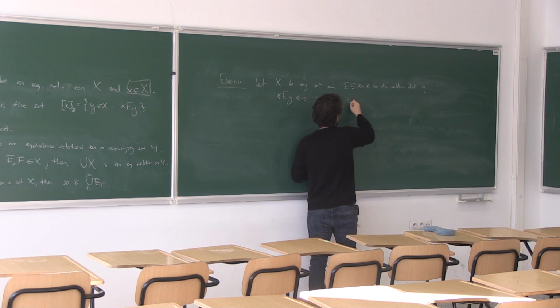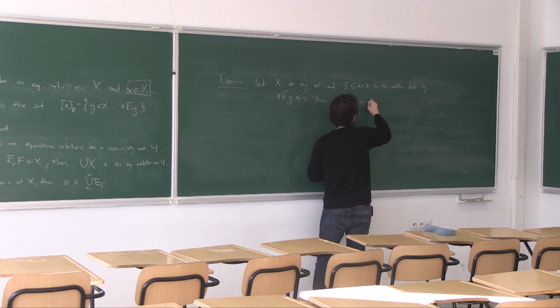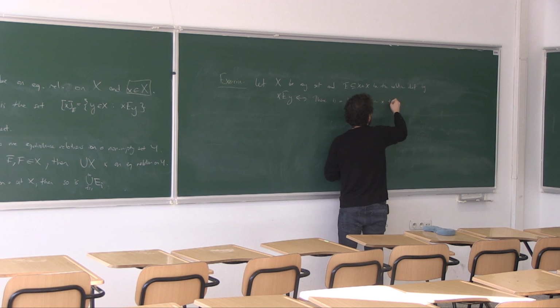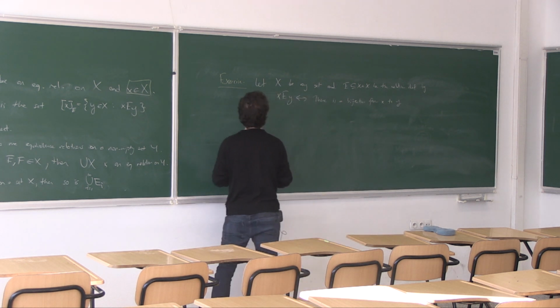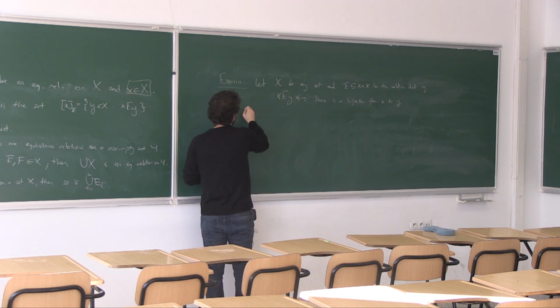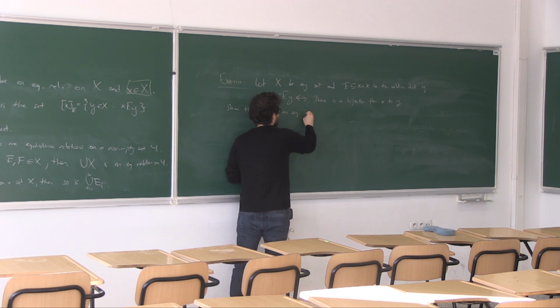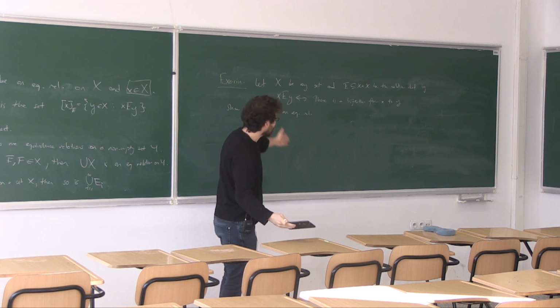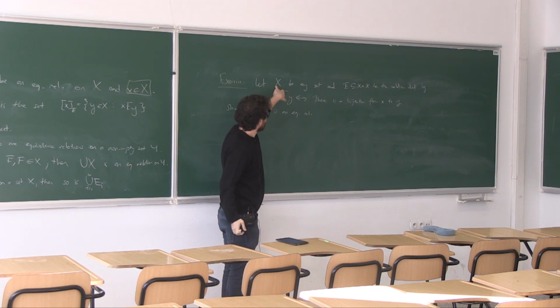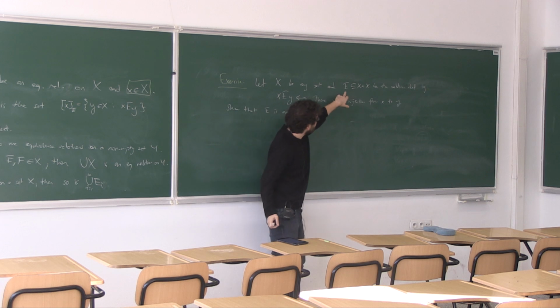There's a bijection from X to Y. Now show that this is an equivalence relation. Pick any set, look at the relation on this set defined by the following.